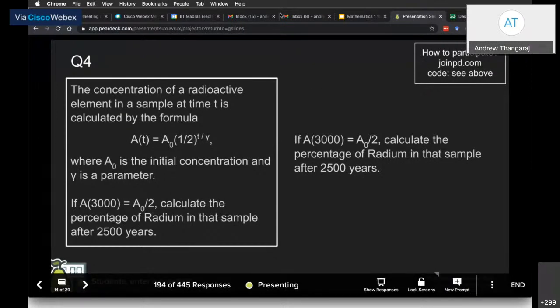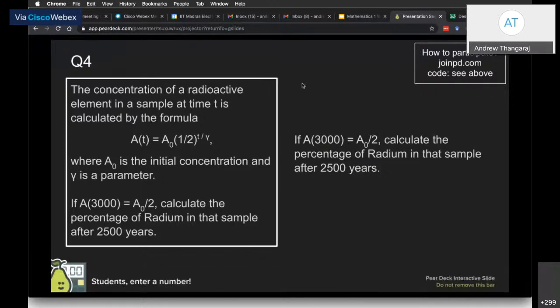There's a question on submitting answers. Go to joinpd.com, enter the code QUMZRE, and then simply enter the number and click elsewhere. There's no submit button. The moment you enter the number, it comes to us.